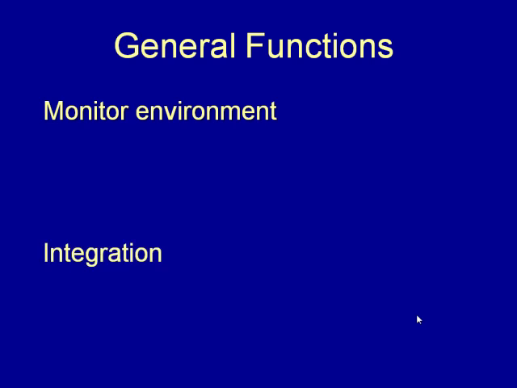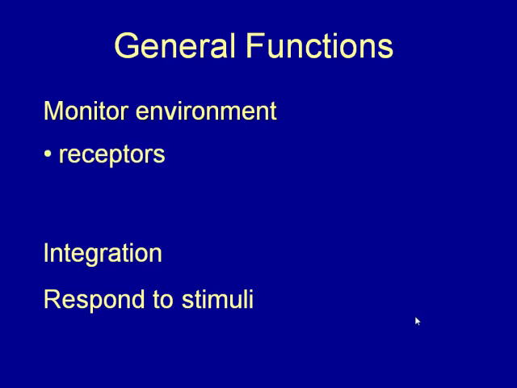There are three general functions of the nervous system. It monitors the environment, integrates information, and then responds to the stimuli that it gets from the environment. Now, in order to monitor the environment, we have to have receptors. So one of the structures of the nervous system are the receptors, which pick up signals that we refer to as stimuli.